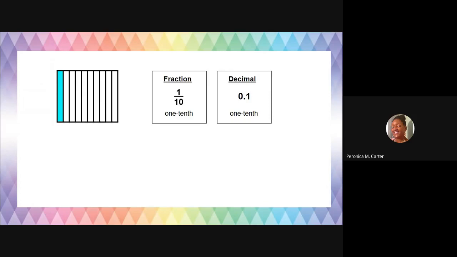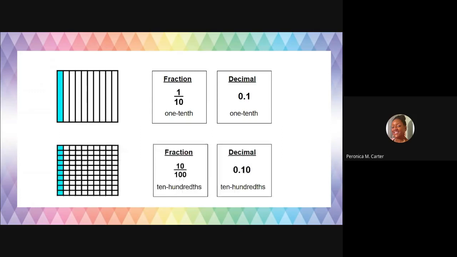All right, let's look at it this way. They look like they're the same shape, right? They are. And it looks like the same shaded part is there, but it's partitioned more. So now instead of just 10, it's 10 by 10, but the same shaded part is being represented.